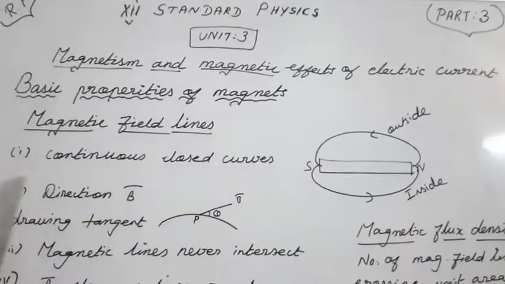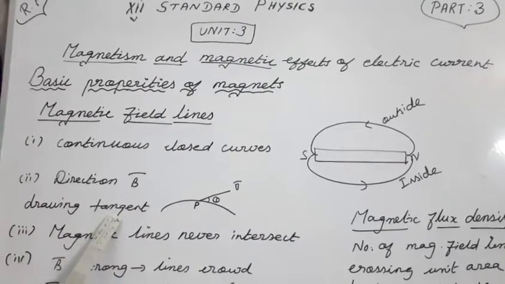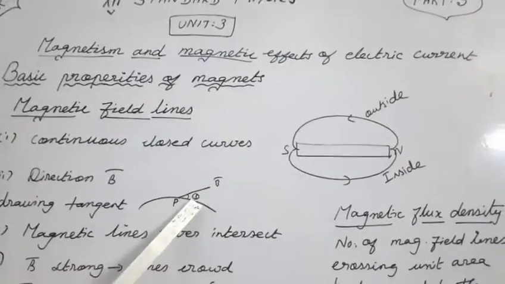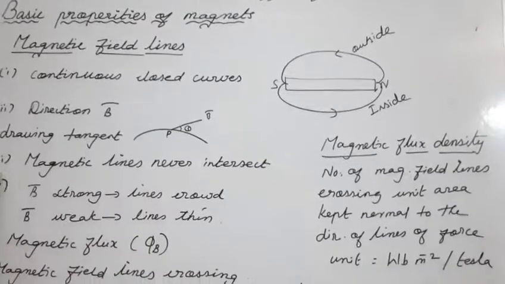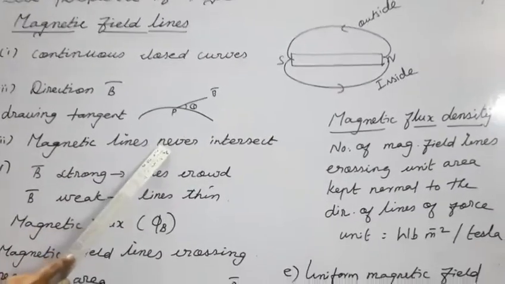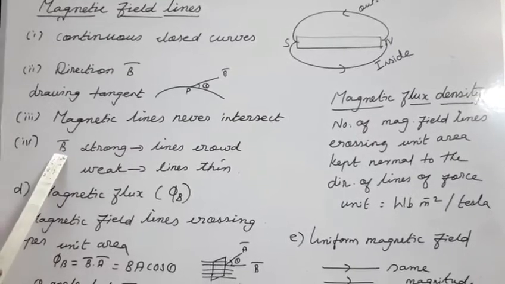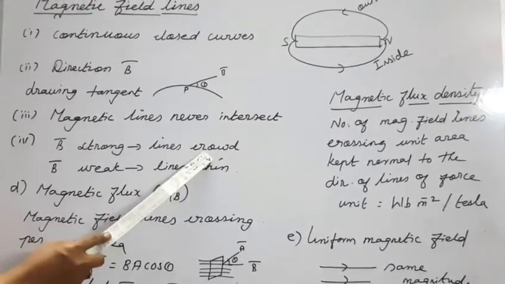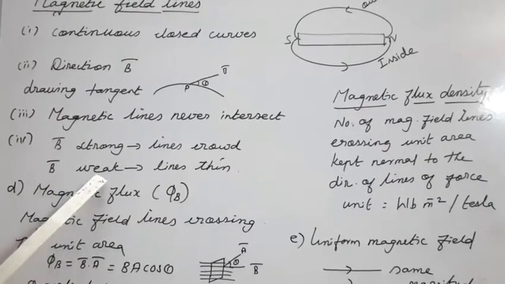Second point, the direction of magnetic field at any point on the curve is known by drawing the tangent to the magnetic lines of force at that point. And then third point, magnetic field lines never intersect each other. Fourth point, the magnetic field is strong where magnetic field lines crowd and weak where magnetic field lines thin out.